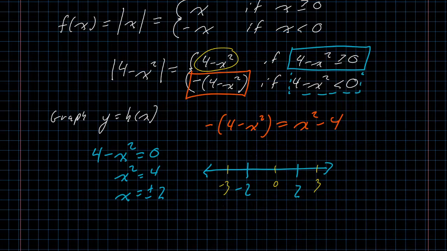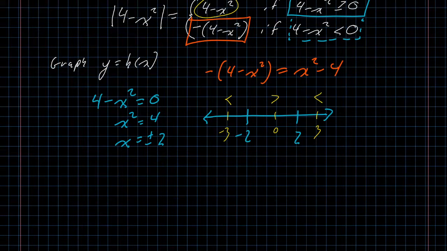If I evaluate 4 minus -3 squared, I get 4 minus 9, which is -5, which is clearly less than 0. If I plug in x equals 0, I get 4, which is clearly greater than 0. If I plug in 3, I get -5 again, which is again less than 0.